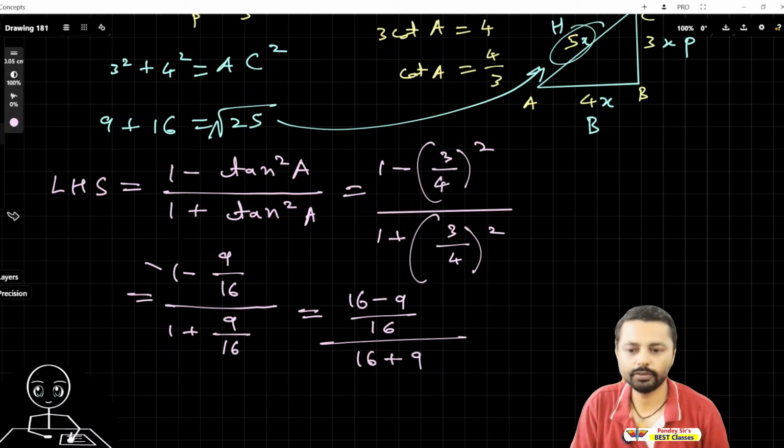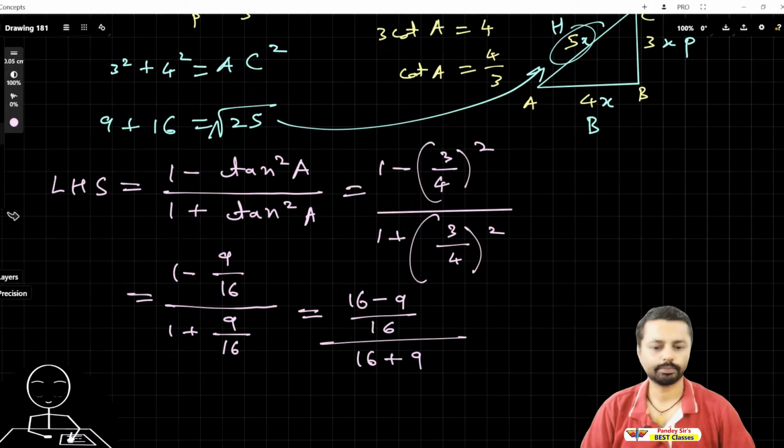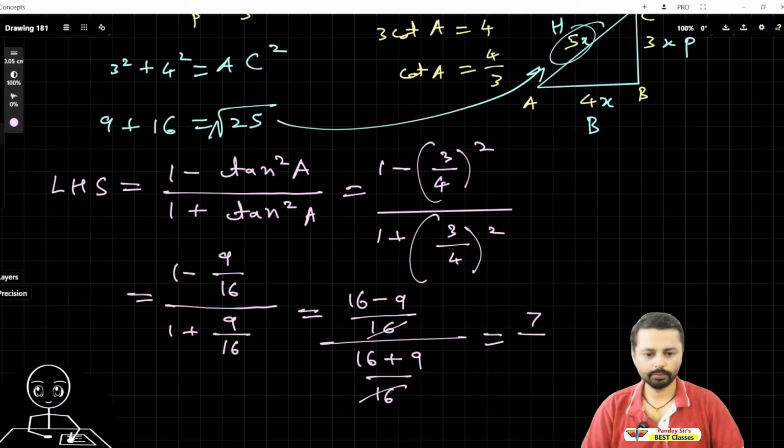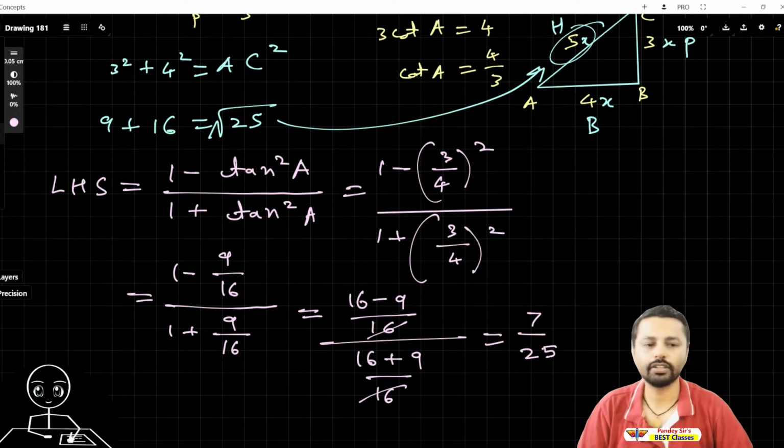That is the LCM step, dividing by 16. So the 16s cancel, and we got 7 by 25. Yes, 7 by 25 we got.